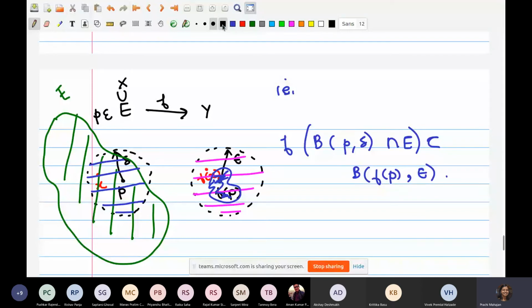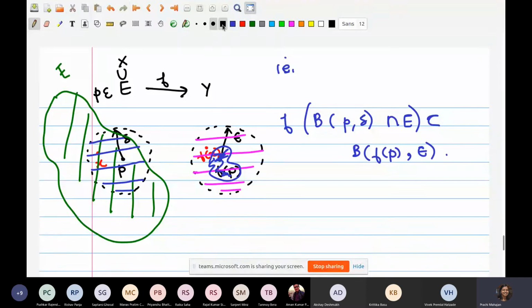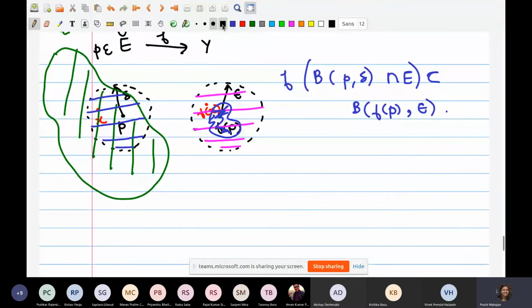And when this happens for every choice of epsilon, then we say that the function f is continuous at the point P. If you're more comfortable with the real line, I will also draw a picture on the real line.